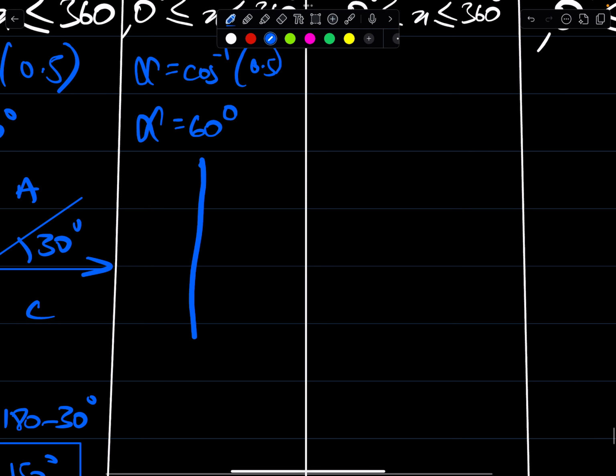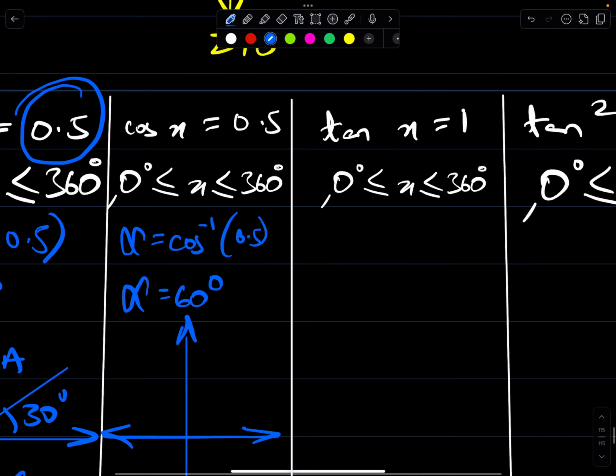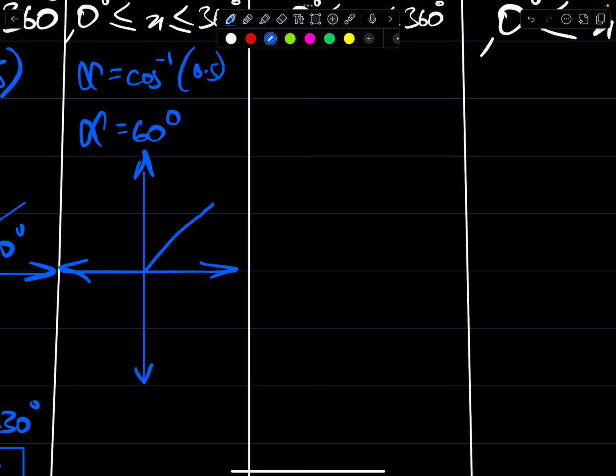Then, again, I always advise that you do make a graph, and cos is positive in the first and fourth quadrant. Thus, we have 60-degree basic angle here and 60-degree angle here.